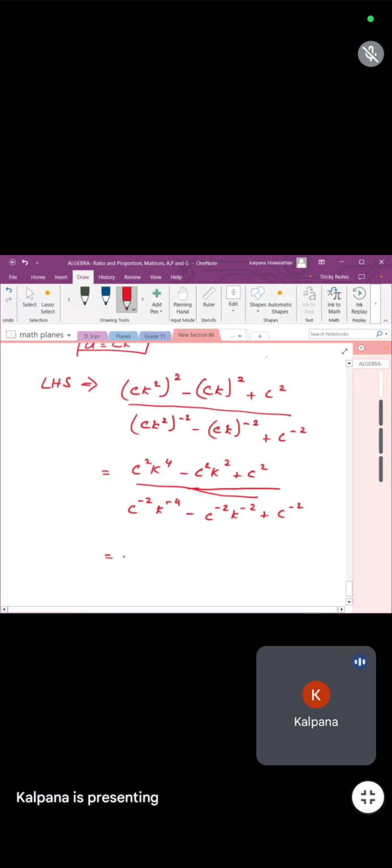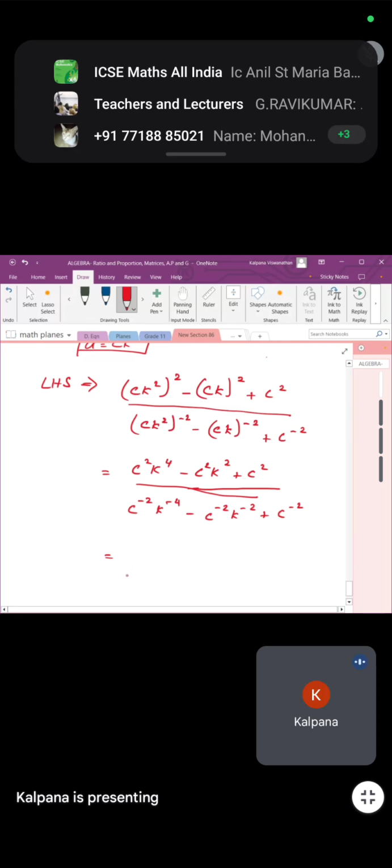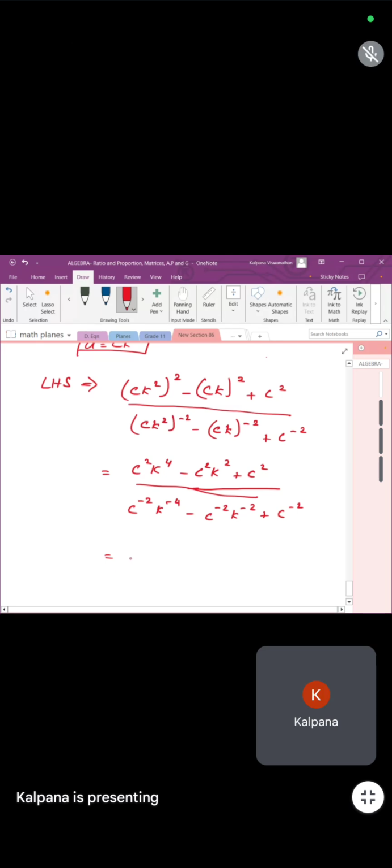Take the common factor outside and cancel the rest of the terms. So numerator, what is common? C square. So you can write K power 4 minus K square plus 1, divided by C power minus 2, C power minus 4.